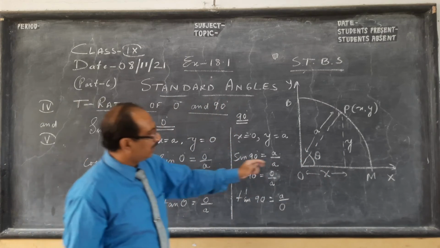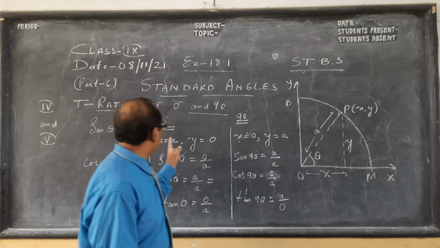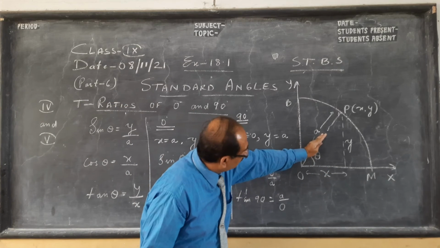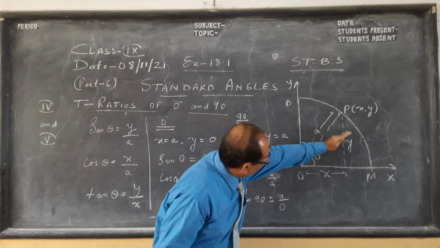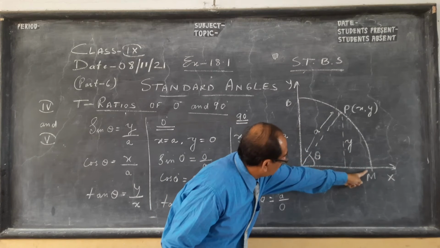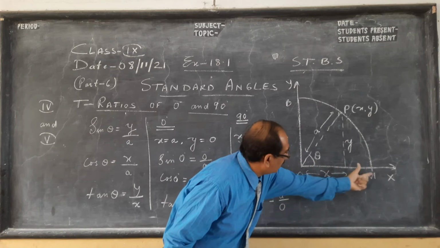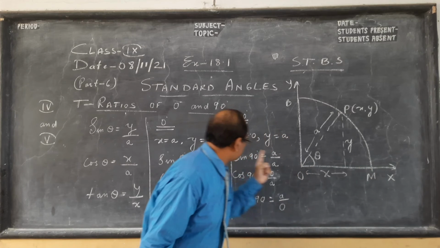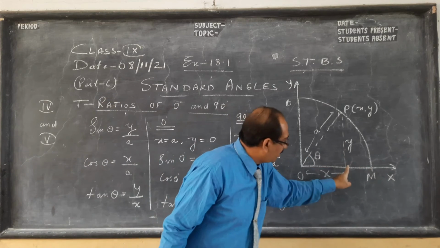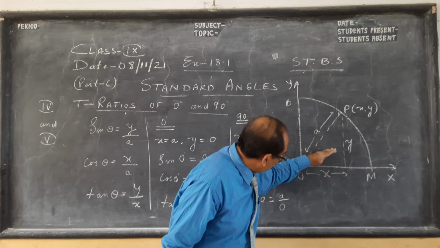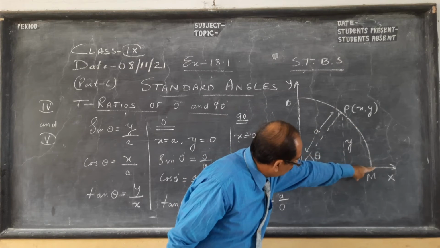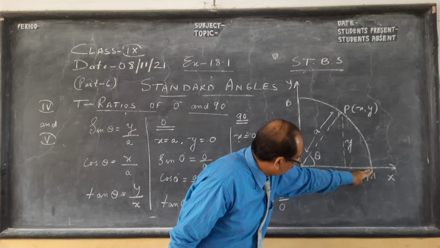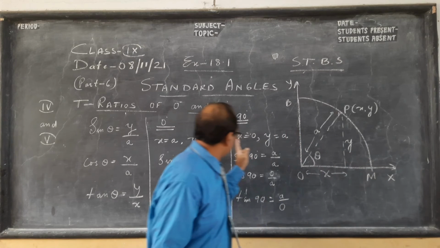For 0 degrees, when this comes over here, x is equal to a. When it comes to 0 degrees, P comes here, so x and a are equal to the radius. And what happens to y? y becomes 0. This is coming down, down, down. x becomes a and y becomes 0.